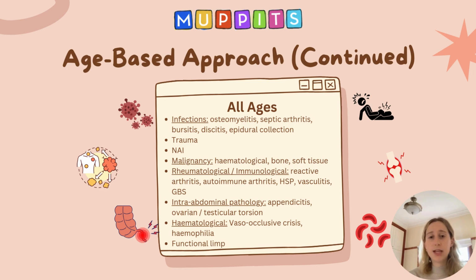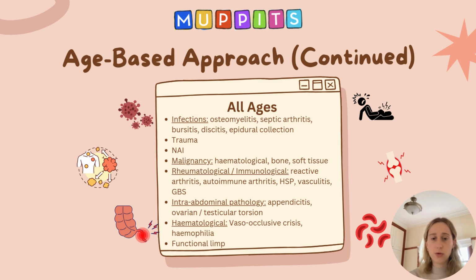Then different types of malignancies like hematological malignancies, bone malignancies, and soft tissue malignancies as well. Then some different rheumatological and immunological conditions like reactive arthritis, autoimmune arthritis, Henoch-Schönlein purpura, vasculitis, and Guillain-Barré syndrome as well. Then, as spoken about before, different types of intra-abdominal pathology like appendicitis or ovarian or testicular torsion.